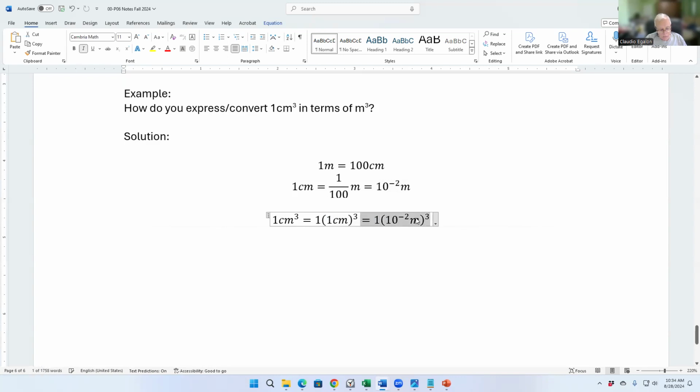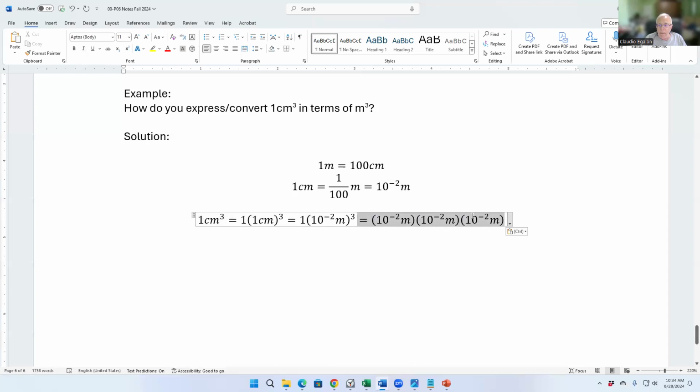And then I raise the cube of everything, right? The cube of that is going to be what? 10 to minus 2 meters, 3 times. I'm doing this additional step that I didn't do before, right?